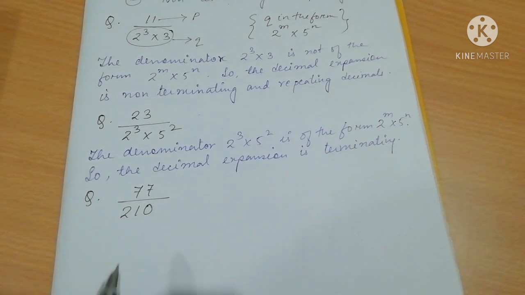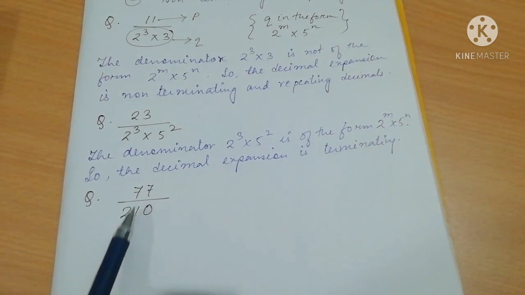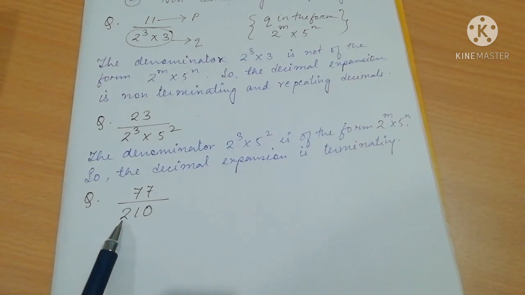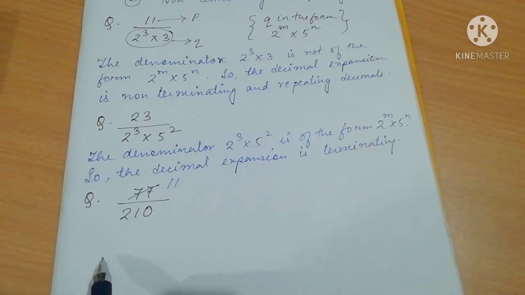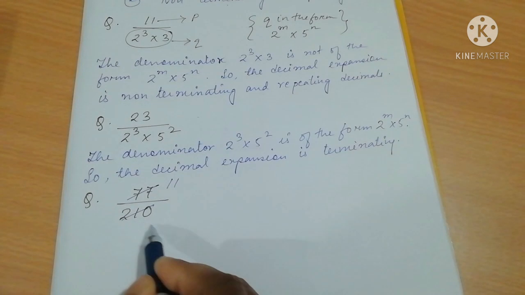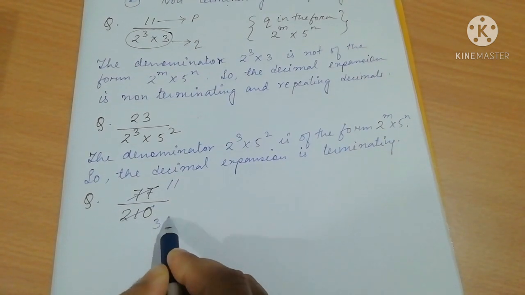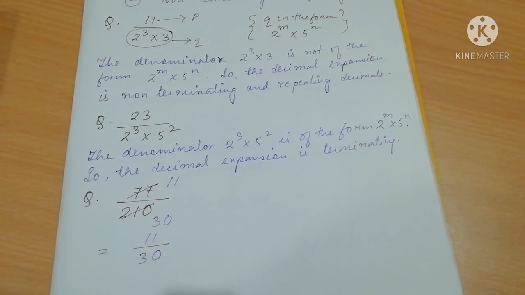How to make a rational number in standard form? By making it in simplest form, that means by cancellation. Both 77 and 210 we can cancel by 7. 7 elevens are 77 and 7 thirties are 210. So I got 11 by 30.